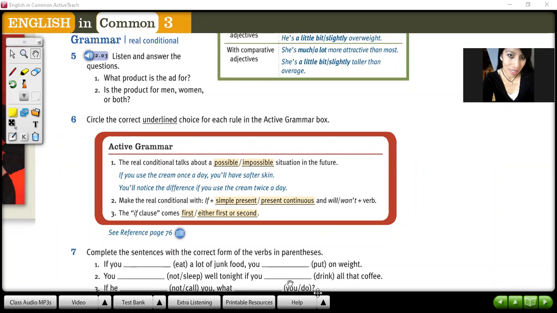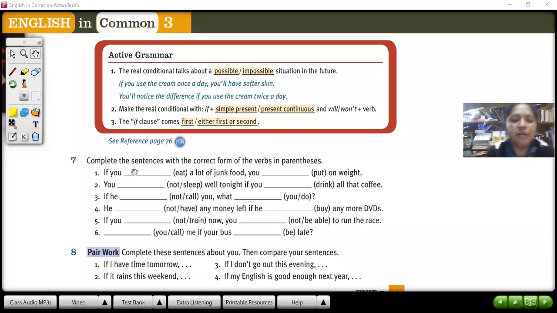Okay, so what we are doing here: if you eat a lot of junk food, you put on weight.